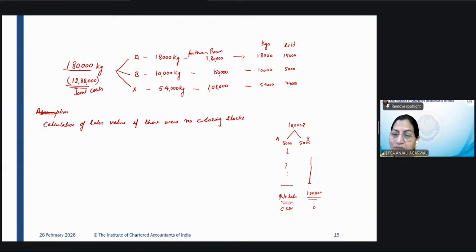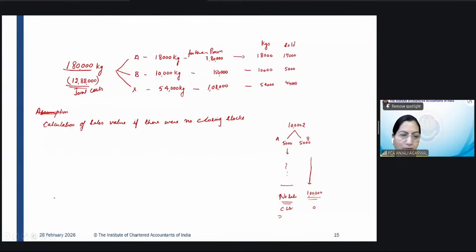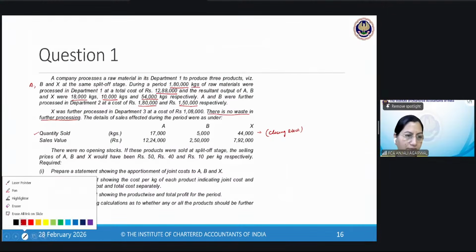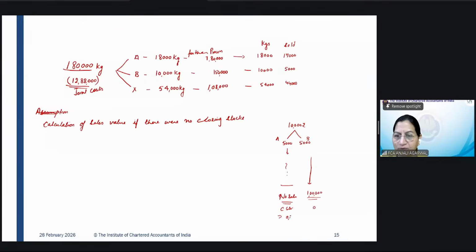So had A been sold, let's say it would have sold for 90,000, and this is sold for 100,000.